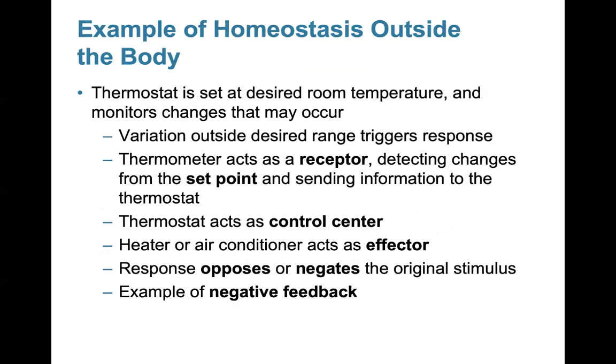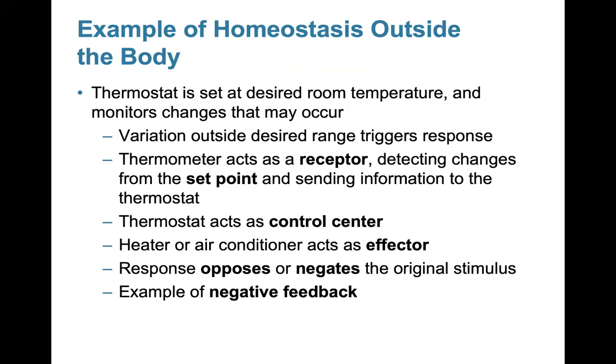Now, for examples of homeostasis outside the body, we have a thermostat that is set at its desired room temperature, and it monitors changes in that temperature. Variations outside the desired range will trigger a response. The thermometer acts as a receptor, detecting changes from the set point and sending information to the thermostat.